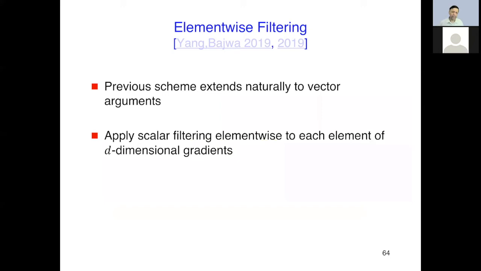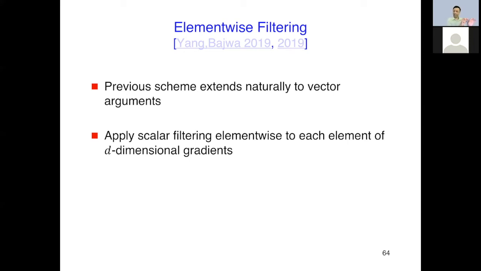So like I said earlier, even though that filter was introduced for real numbers, scalars, one can extend that filter to vectors by applying that same idea for each element of the vector. So if you get gradients that are, let's say, d-dimensional vectors, there are n of them, then we can take the first element of the n vectors and apply the filter to them and get the first element of the filtered gradient.